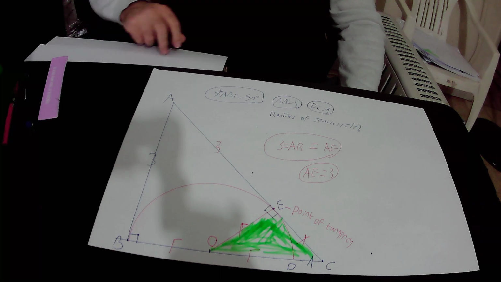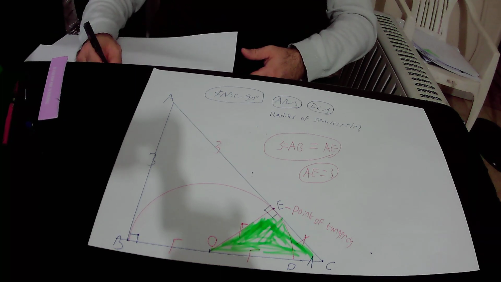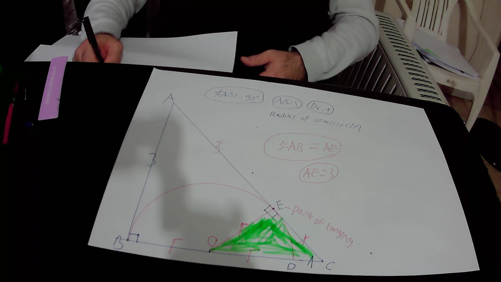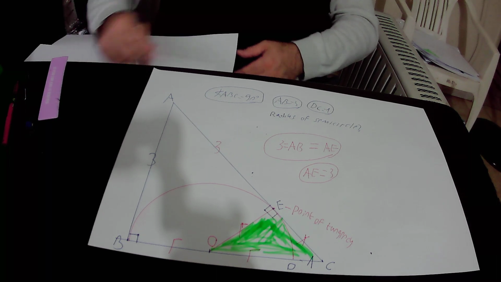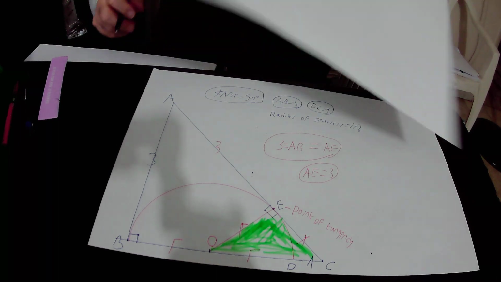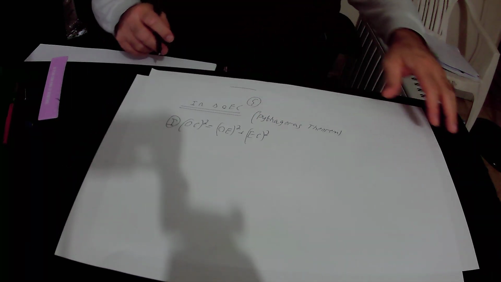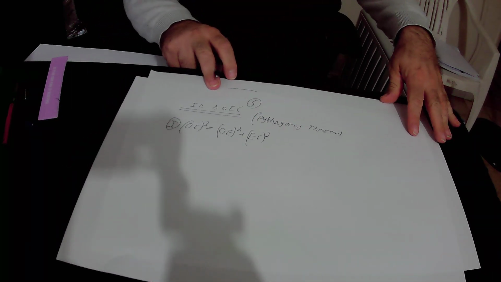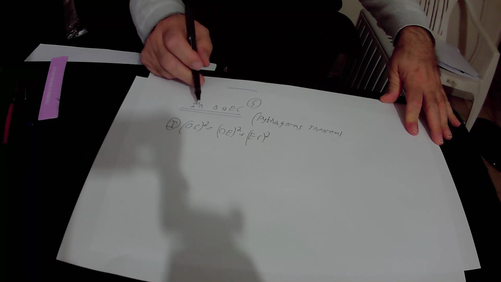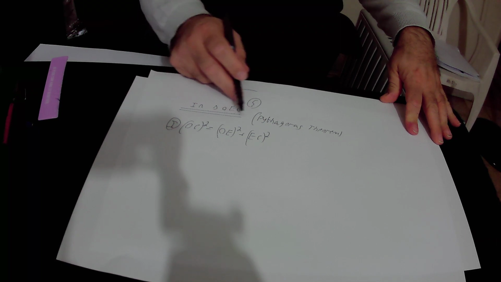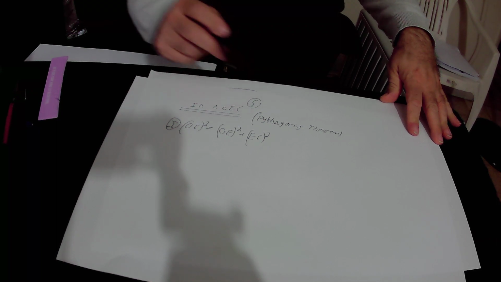I will repeat again. According to the Pythagoras theorem, in the right triangle OEC, the square of the hypotenuse equals the sum of the squares of the perpendiculars. This is to say, OC squared equals OE squared plus EC squared.